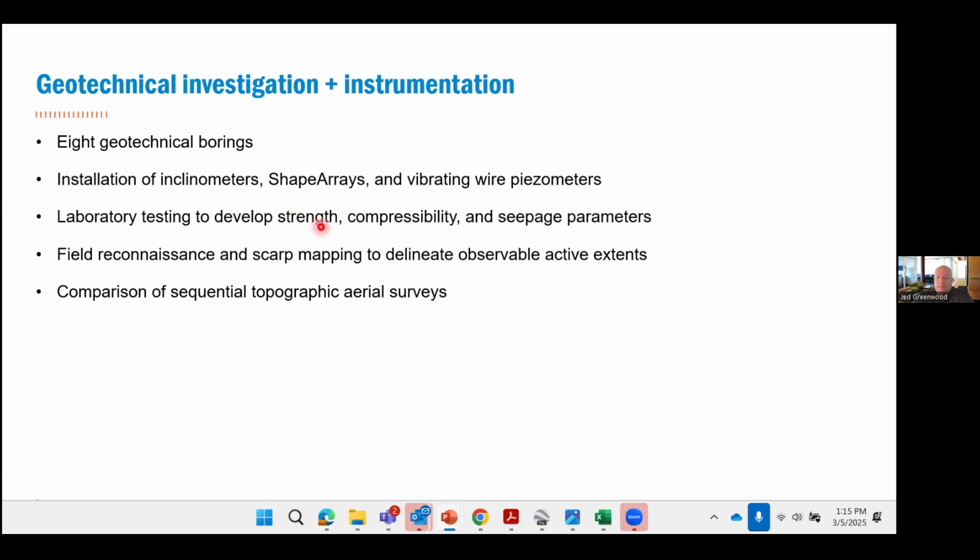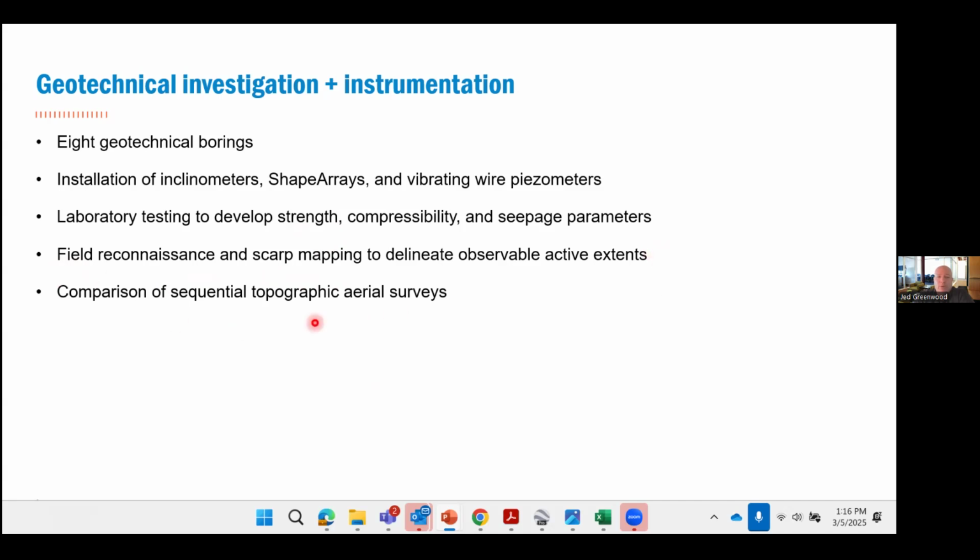The strength testing that was done, I'm not going to get into detail on that, but there's a lot of torsional ring shear testing done to understand the fully softened shear strength and also the residual shear strength of the high plasticity clays and shales out there. I mentioned the field reconnaissance, the scarp mapping. We wanted to understand the extents of the landslide.